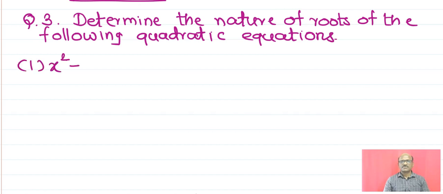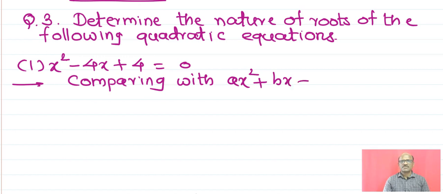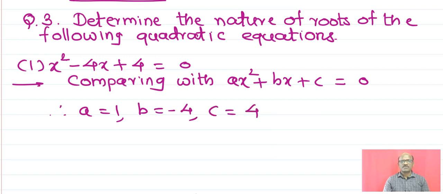First, x square minus 4x plus 4 equals 0. Therefore, comparing with ax square plus bx plus c, you will get a is equal to 1, b is equal to minus 4, c is equal to 4.